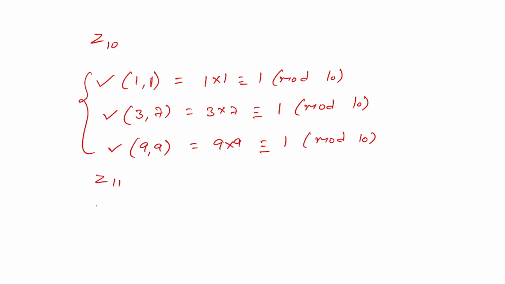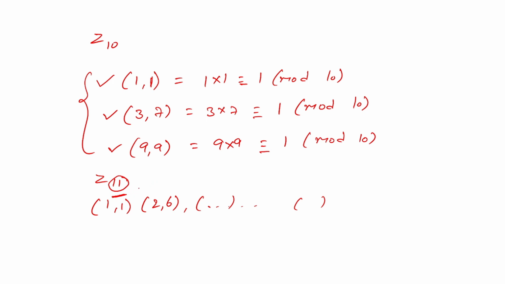In Z11 we have 1 comma 1, 2 comma 6, like this. Okay, based on the n value, we can say which values have multiplicative inverses.